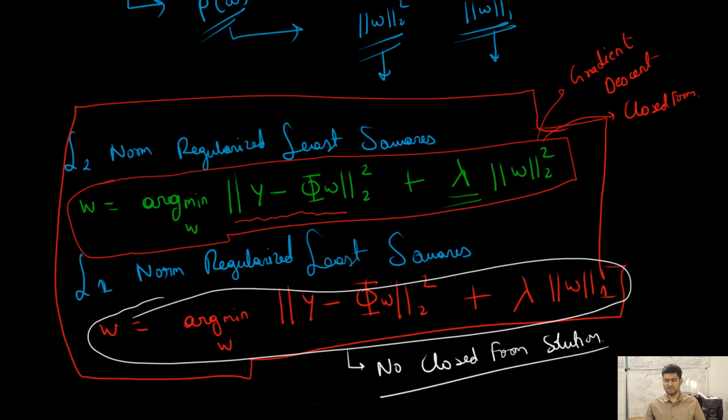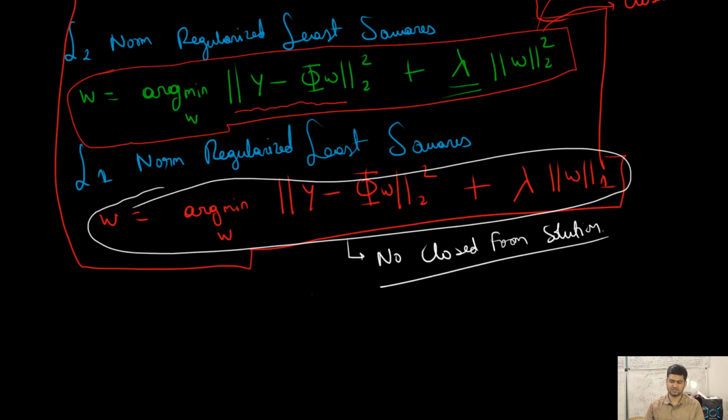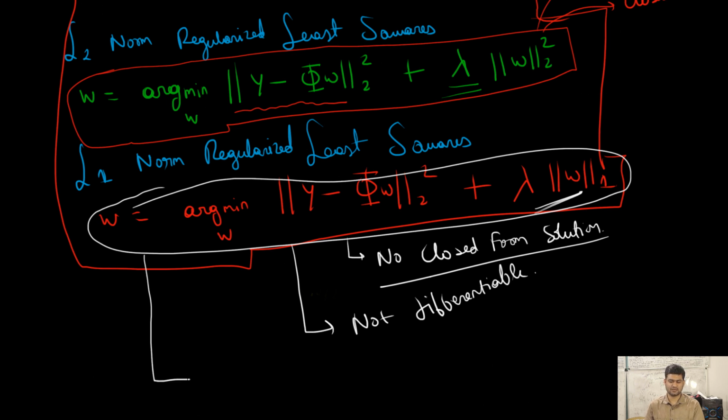Right. And we have to use an iterative algorithm, and furthermore, this is a non-differentiable objective function because the L1 norm of W is not differentiable at W equal to 0. That's why the overall problem is not differentiable. So we can optimize it using what is known as the subgradient descent algorithm.